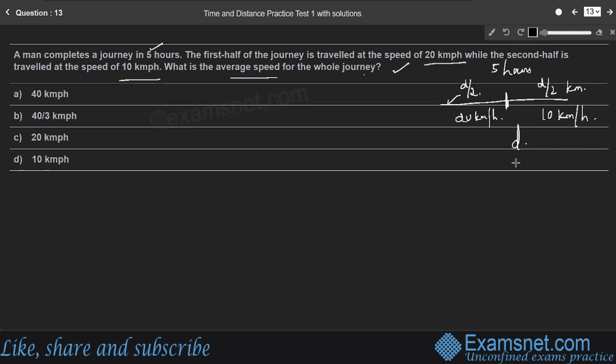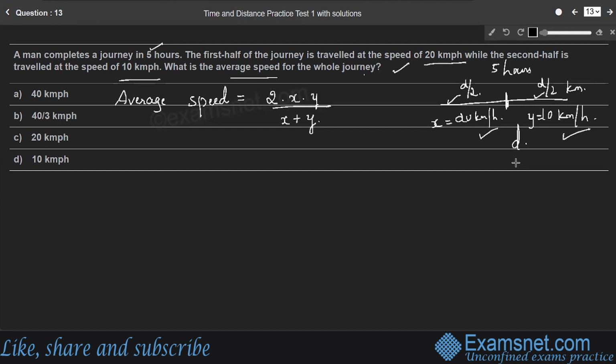So when equal distances have been covered by the same person with two different speeds, 20 and 10 km per hour, in that case, the average speed of the man is equal to, since two different speeds are given, we'll consider these as x and y. Then average speed becomes twice the product of the speeds divided by the sum of the two speeds, 2xy by x plus y.